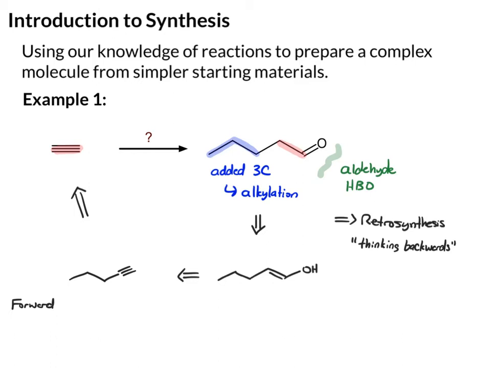In the forward direction, we would start with acetylene. First, I'll do the alkylation. I'll add a base, NaNH2, and then I need a 3-carbon chain added. So I'm going to add 3 carbons, and a halogen, I'll use chloride. So that puts the 3-carbon chain onto the triple bond.